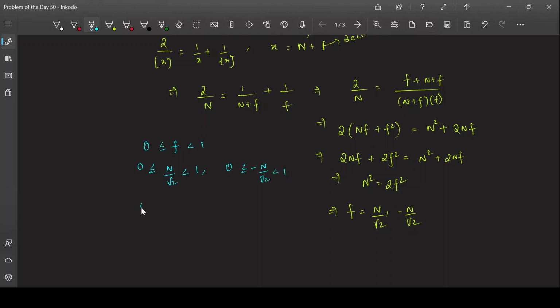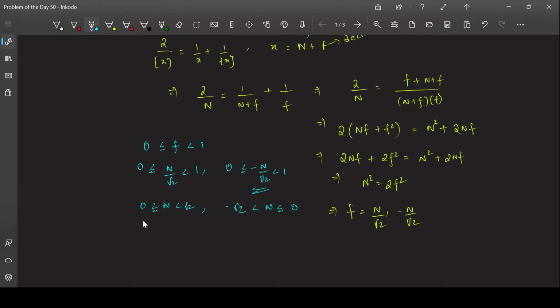So 0 less than or equal to n less than root 2, and in the other case we get minus root 2 less than n less than or equal to 0. I hope it is clear. We have just interchanged the signs; the inequality gets reversed because we have a negative here.